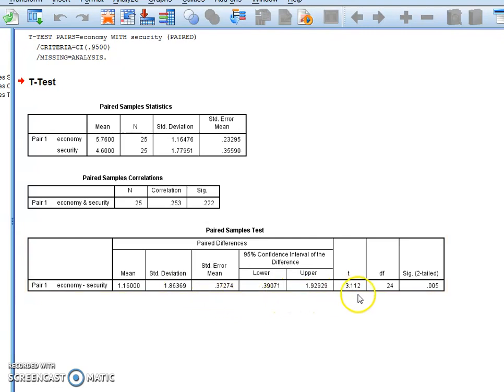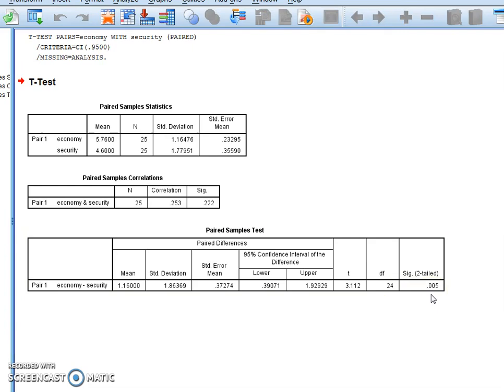And then down here, we've got a t-value of 3.112. Recall from the last video, if you've got a t-value of about 2 or greater, usually that's significant. The degrees of freedom is our number of individuals minus 1. That's something you're going to need to know when you write up your results using the APA format. And then finally, the significance, or the p-value, for the two-tailed test is 0.005.